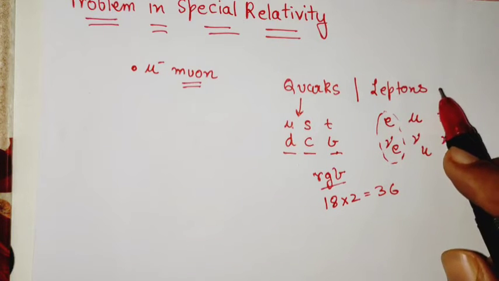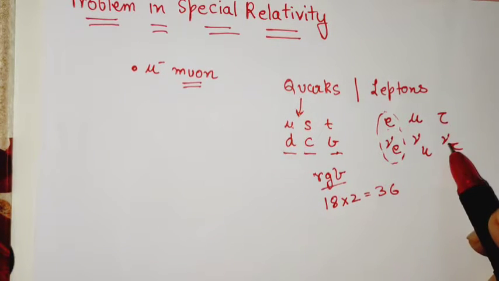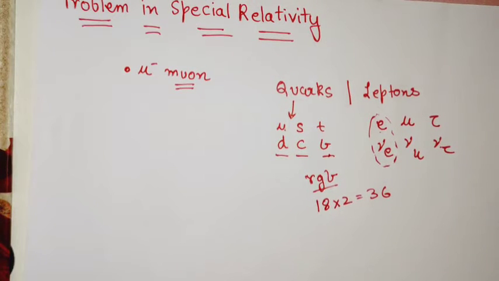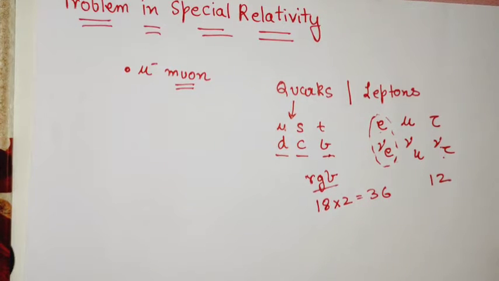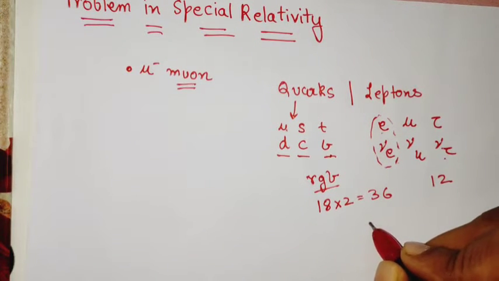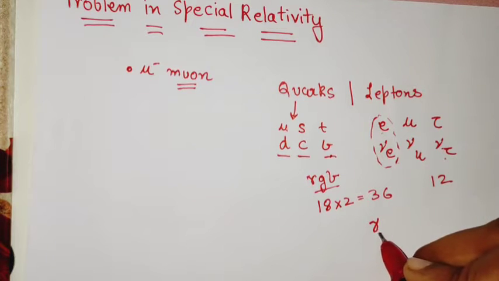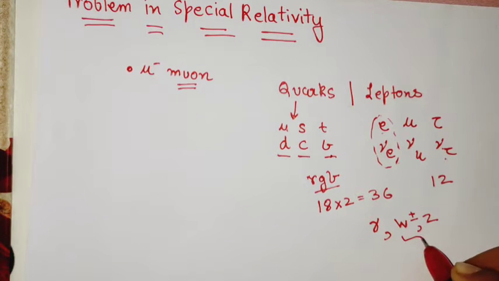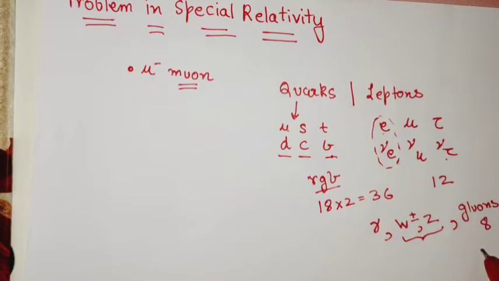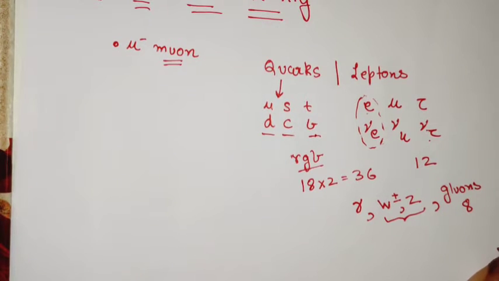And on this side we have leptons. We again have 6 of them, but they don't have any color. So we have 6 times 2 because of the antiparticles, and there are 12 of them. Apart from this, these particles interact via electromagnetic interaction brought about by the photon, which is a boson, and then we have the W plus minus and Z bosons that participate in weak interaction, and then we have the gluons, and there are 8 gluons and they participate in strong interaction.